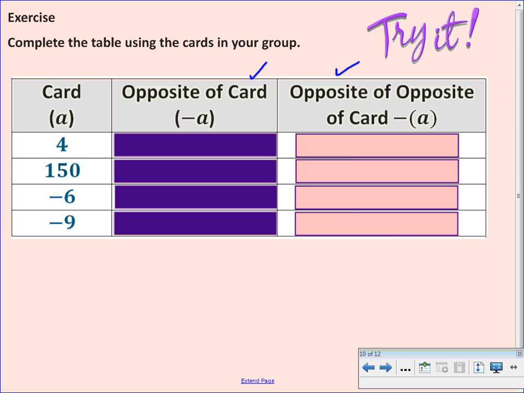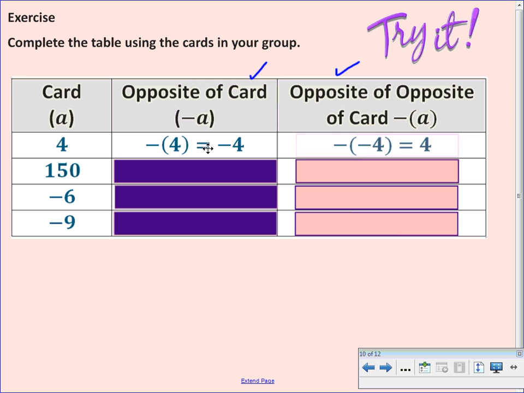Okay, let's go over this. The opposite of 4, you would write it as the opposite, and then you put the number inside the parentheses. So that way you know it's not negative 4. Because if you just wrote the sign and then the 4, it would be negative 4. So the parentheses are telling us the opposite of positive 4, which is negative 4.